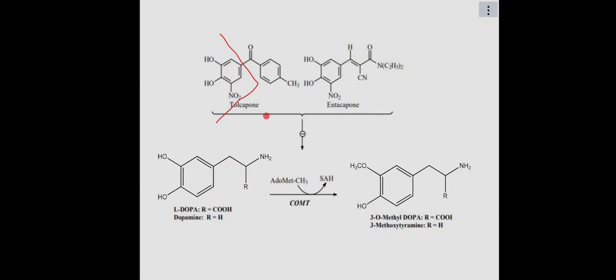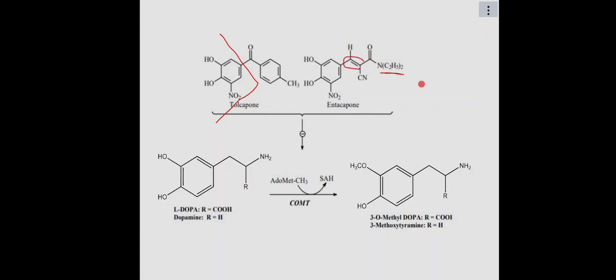On this side, we also have this bulky group, which includes a diethylamino group. There is also an alkene there, and there is also a ketone there.